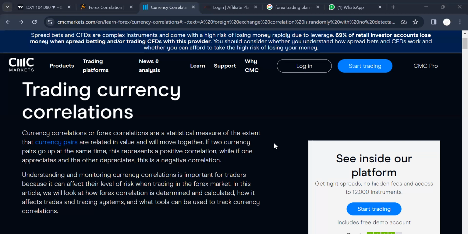Now, first of all, what is a correlated pair, or what are correlated currencies, pairs or instruments? I'm going to read and then explain in simple terms. Currency correlations, or forex correlations, are a statistical measure of the extent to which currency pairs are related in value or move together.